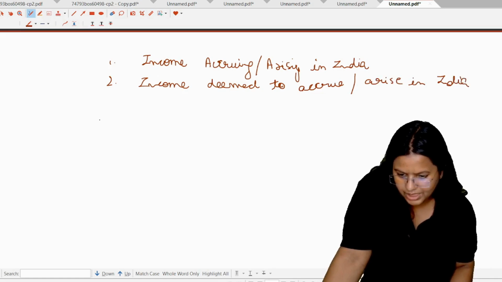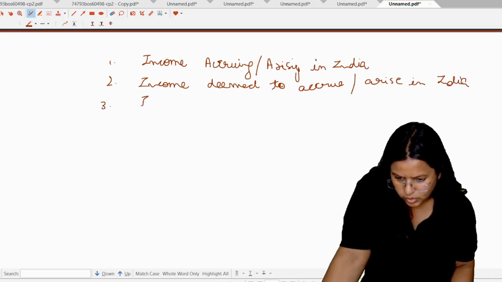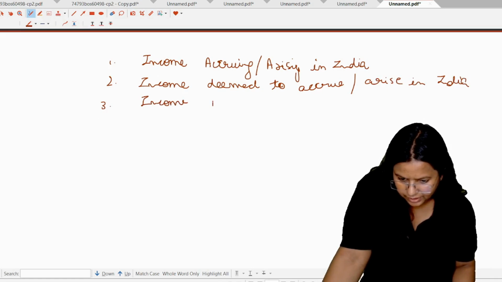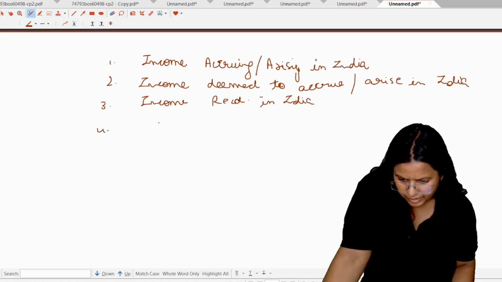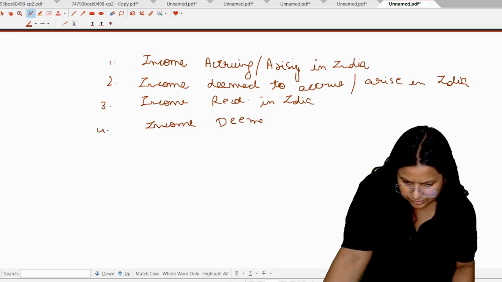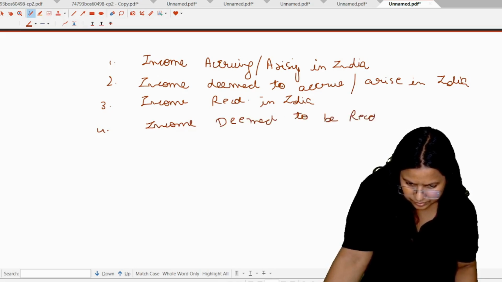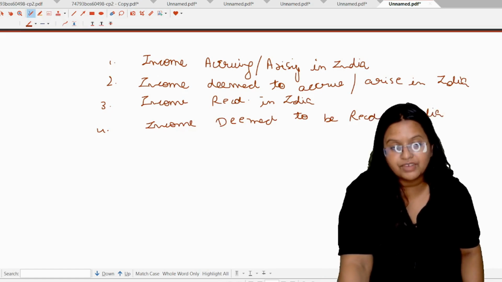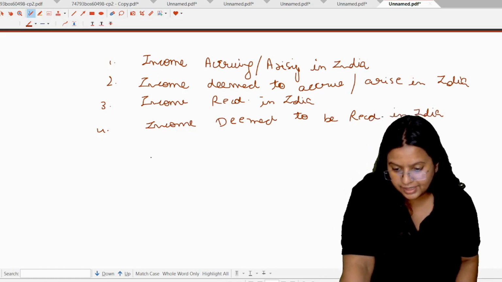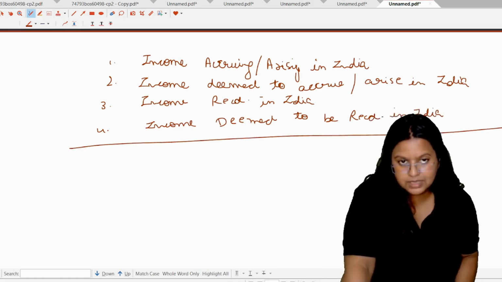We have covered all these points in the class also. Third, income received in India. Four, income deemed to be received in India. So these are the 4 incomes which will be taxable for every person of every residential status.